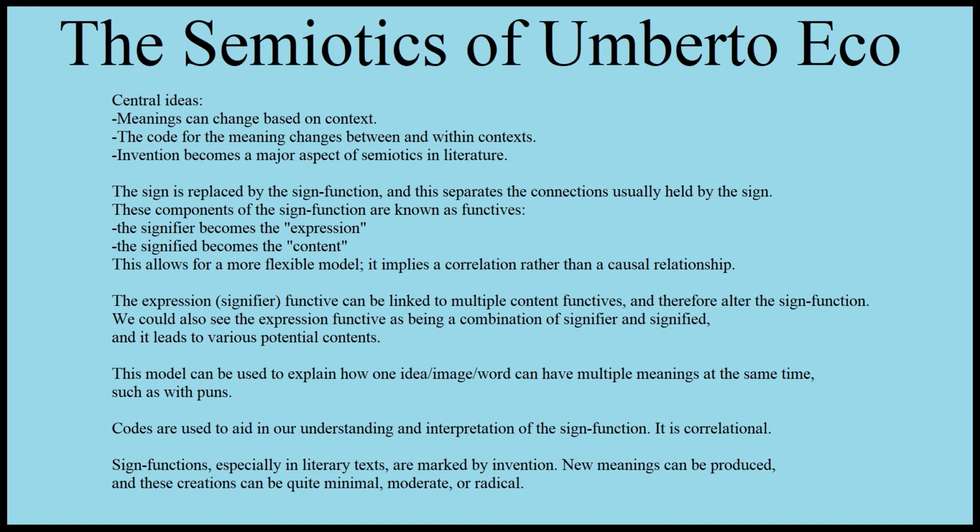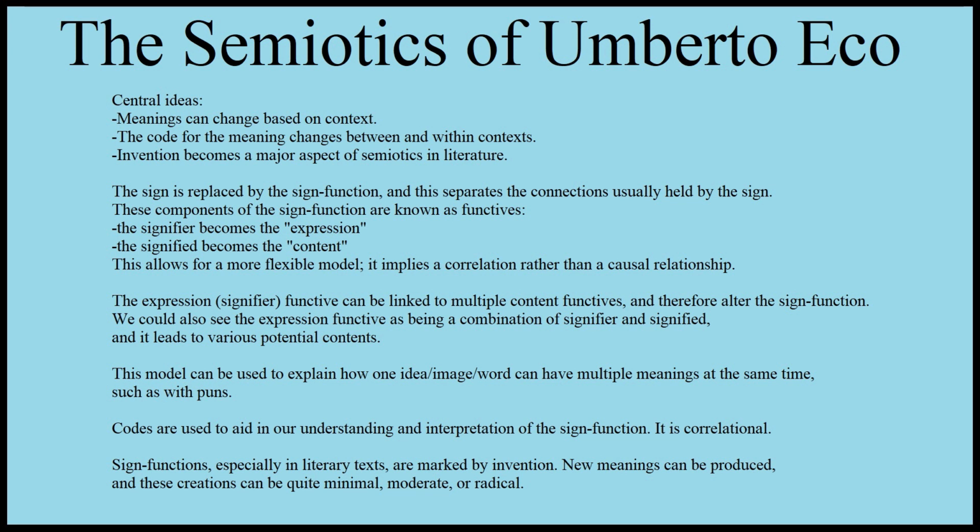This is a way of, as per usual, separating the component parts of it. Those component parts, which are called functives, are the expression and the content functive. They're both called functives. At a very basic level, the expression is pretty much the signifier, and the content functive is basically the signified.